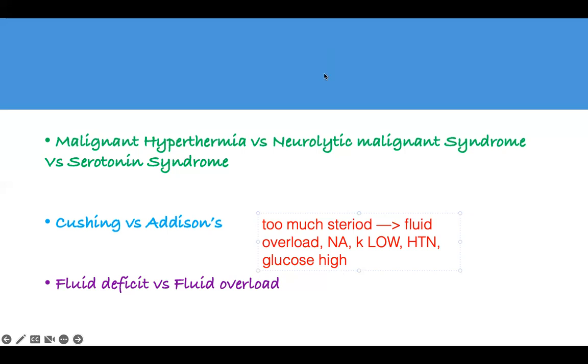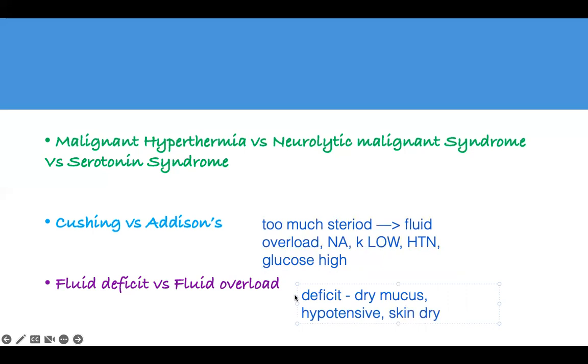Making things easy for yourself. Same thing, fluid deficit. Which one do you prefer more? Which one are you more comfortable with? You can list your symptoms and then you can use it as a negative or positive. Well, if you like the fluid deficit, well, then what do you say? Well, dry mucous membranes. You list them. Okay, they can be hypotensive. Okay, their skin is dry.